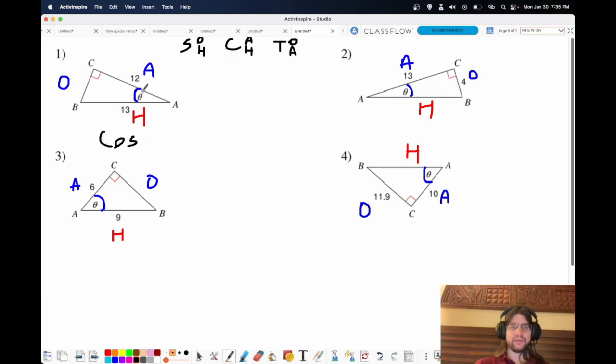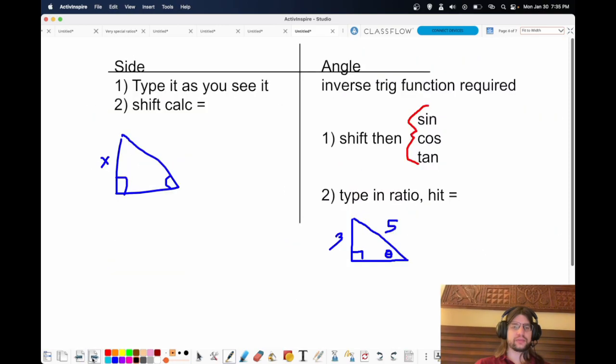What's my angle? My angle is theta. We don't know it, so we put the symbol that it says, theta. And what is it equal to? Cosine is adjacent over hypotenuse. That's 12 over 13. Now to solve this, we are looking for an angle. So we're going to hit shift and then either sine, cosine, or tangent.